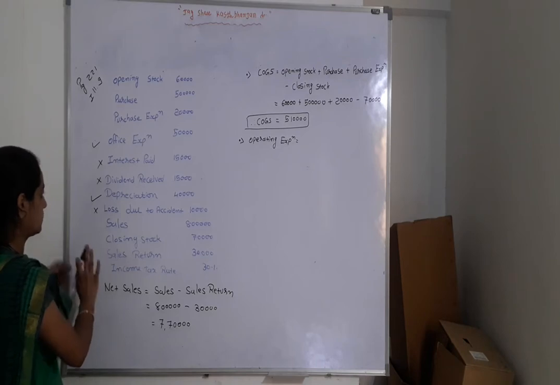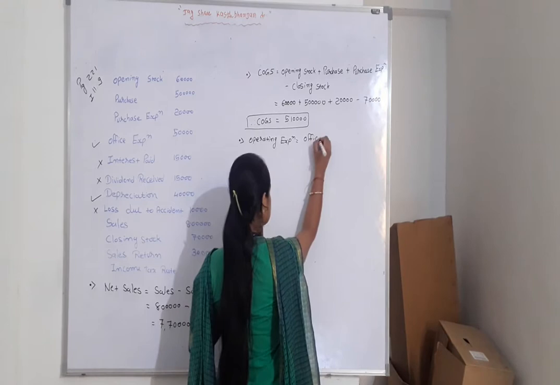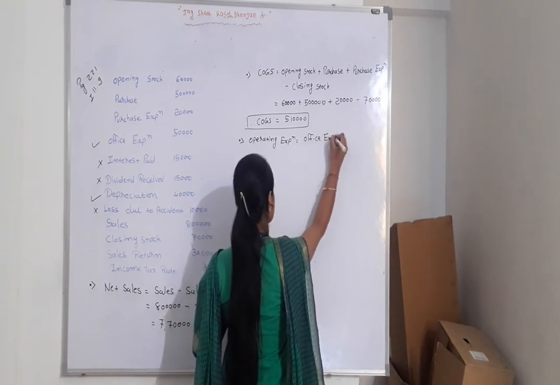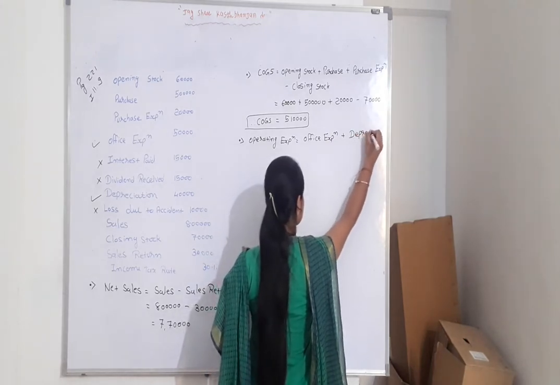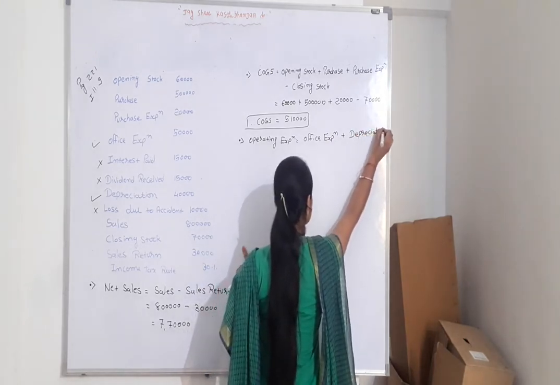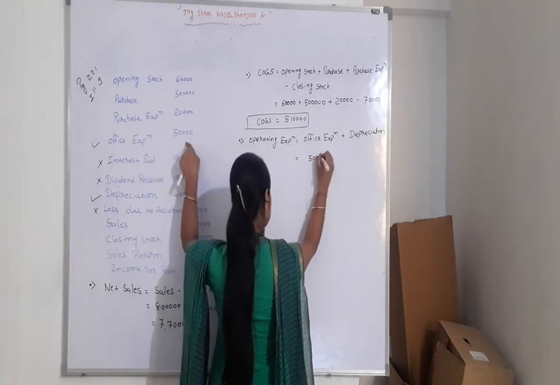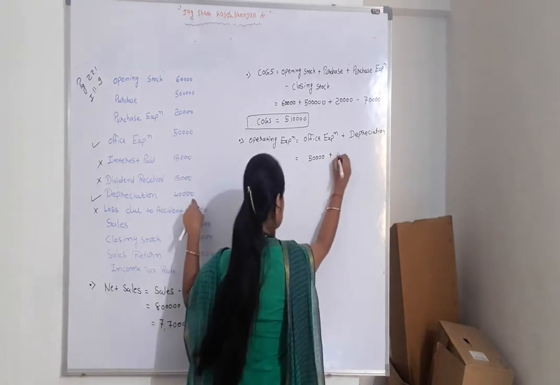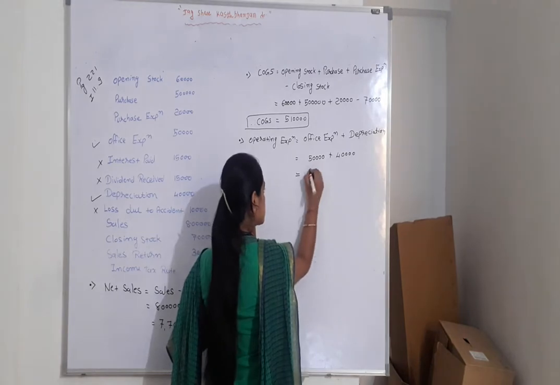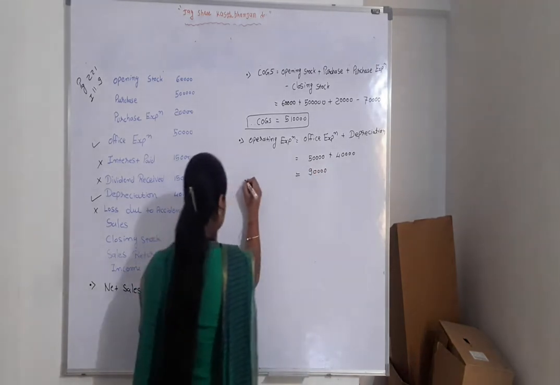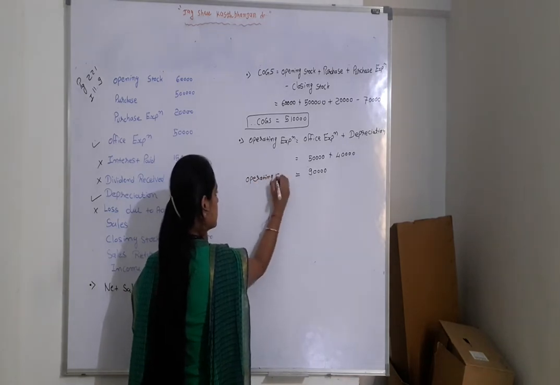Sales, no. Okay, that means two things. First one is office expense plus depreciation. Office expenses are 50,000 and depreciation is 40,000. So our answer is 90,000, operating expense.